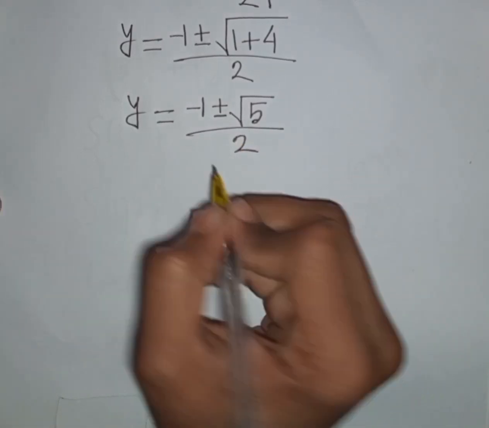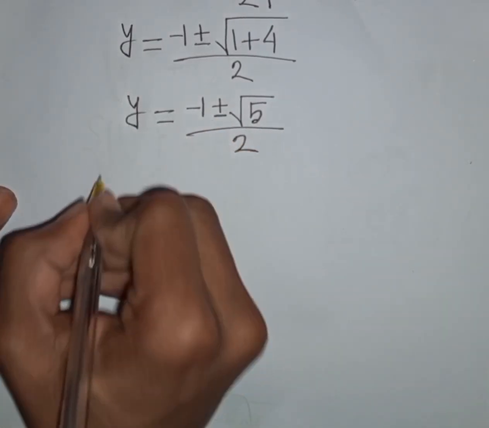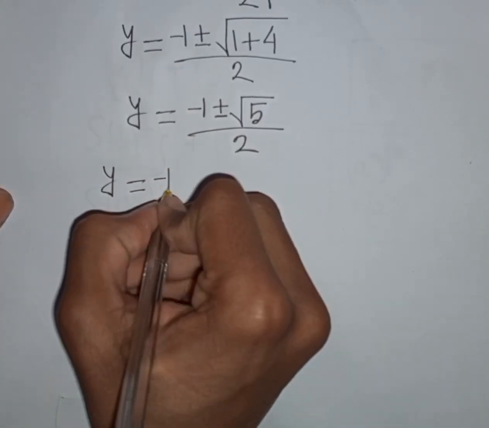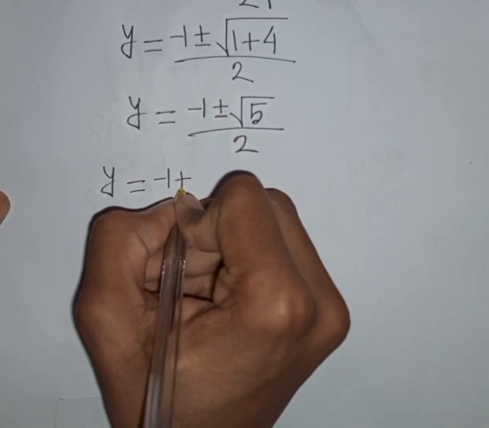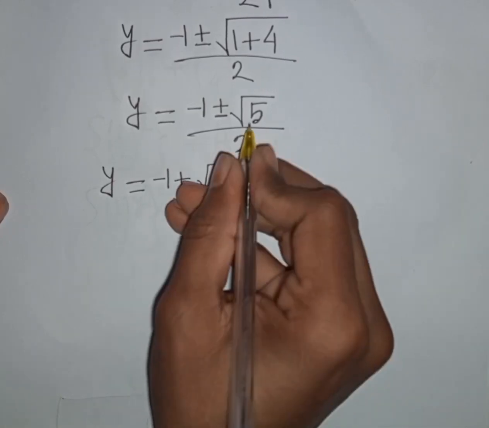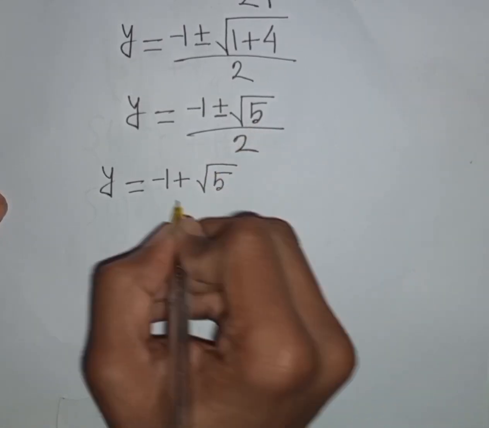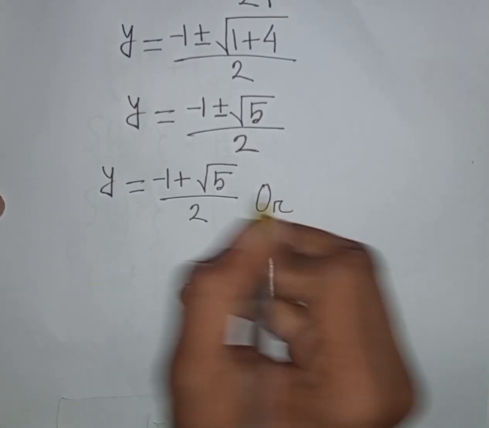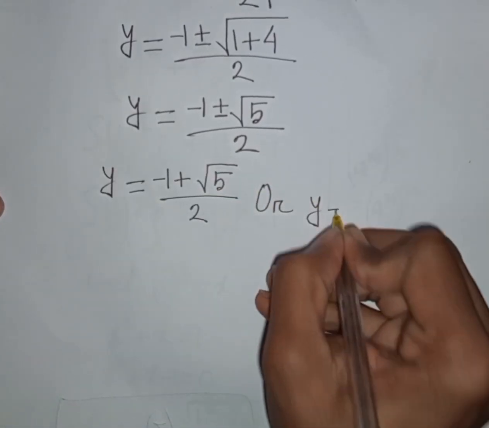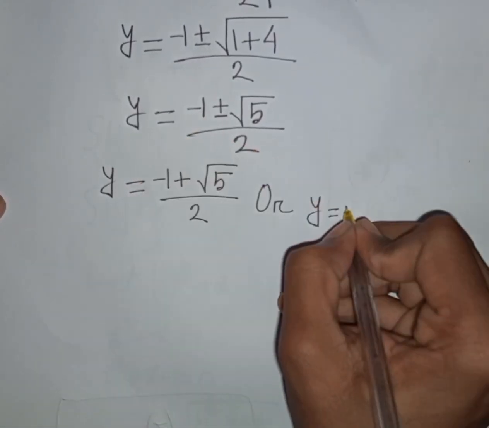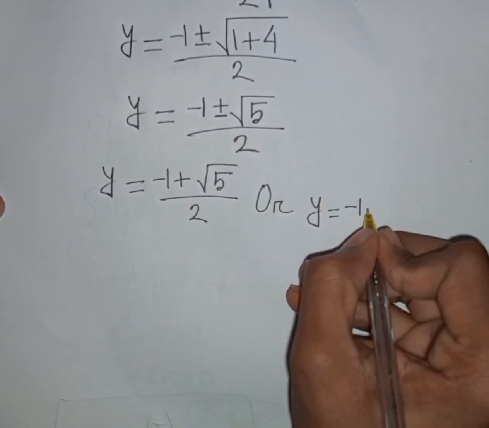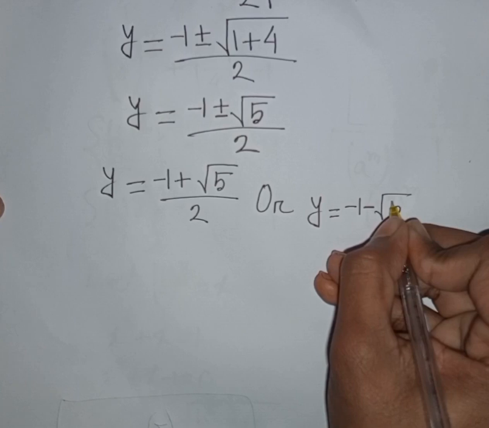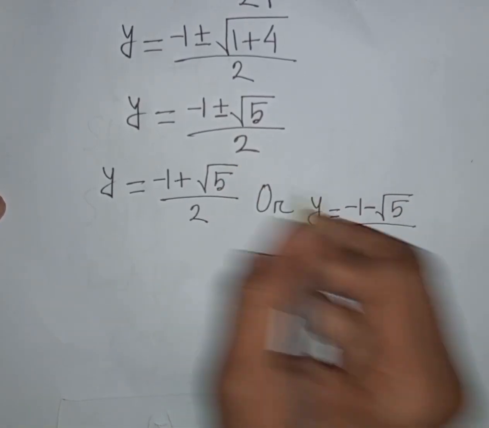Now we see here two cases, so you can write y is equal to (minus 1 plus square root of 5) divided by 2, or y is equal to (minus 1 minus square root of 5) divided by 2.